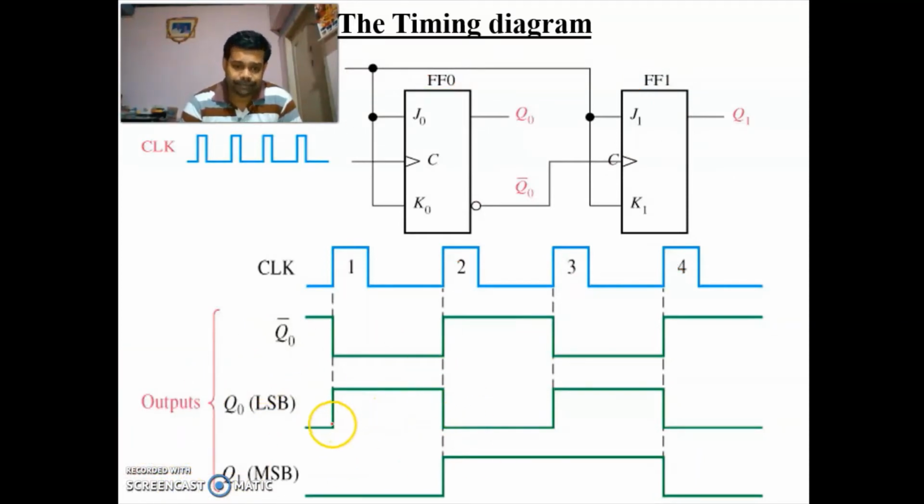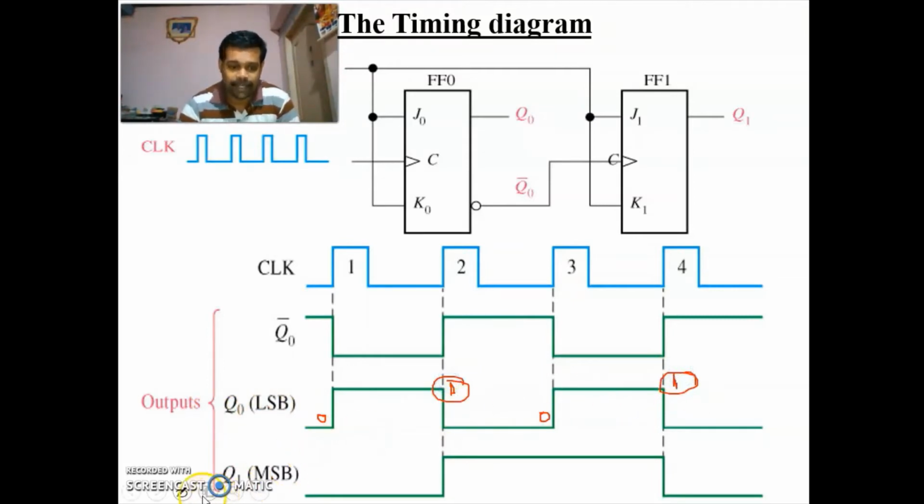Here the value is 0, and then it is changing to 1. So at this edge you have to consider the value as 0. Here you are having 1. Similarly, here it is changing from 0 to 1, so it is 0 only. So the value of Q naught is 1 at this place and this place.